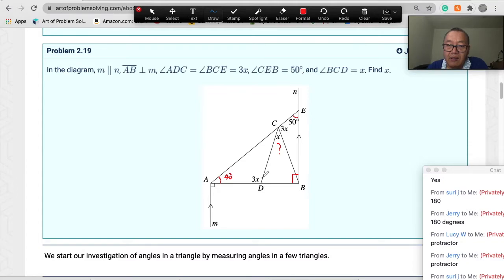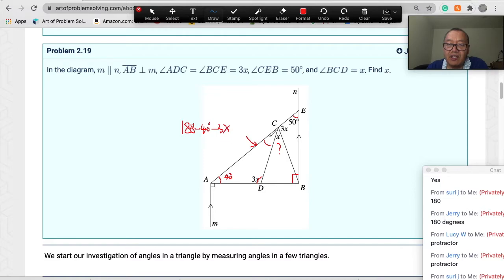Now this one is in triangle ADC. This angle is 3x. This angle is 40. So what is this angle? Because the sum of these three angles should equal 180. So this angle equals 180 degrees minus 40 degrees, then minus 3x, right?